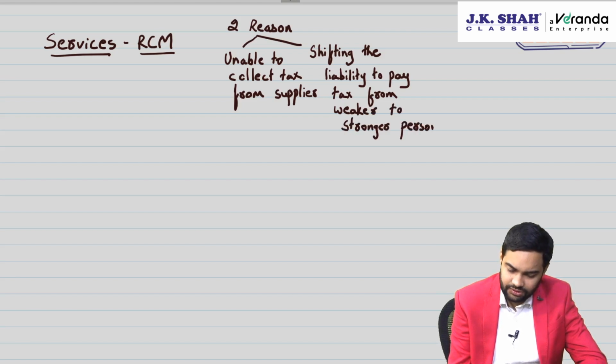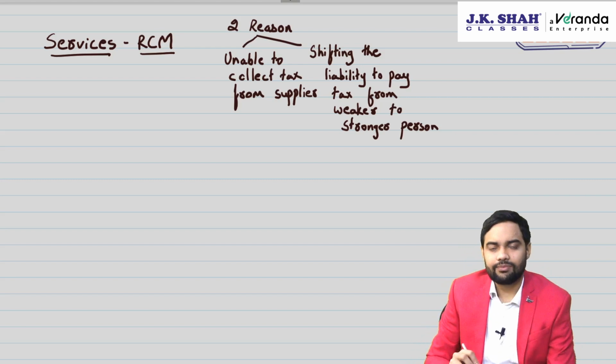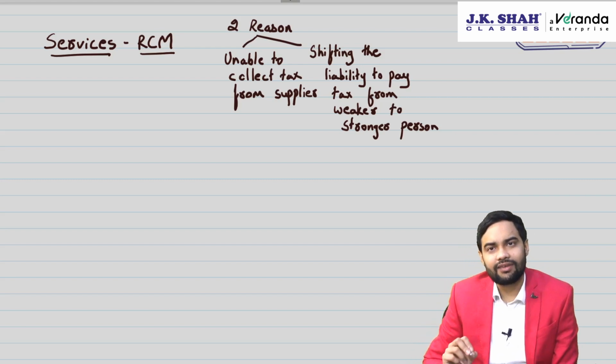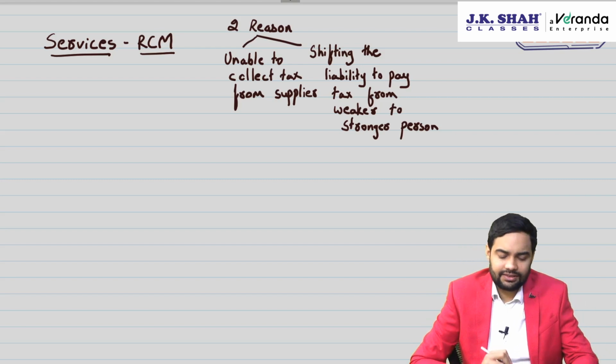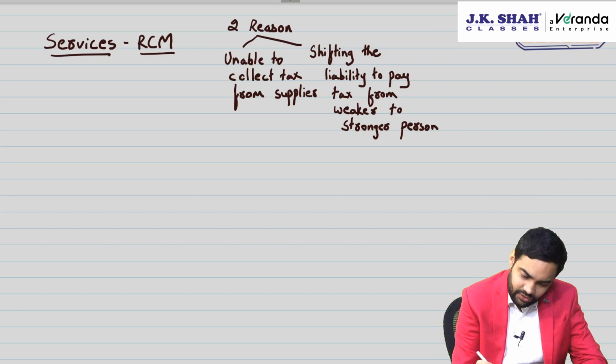So say suppose we talk about agriculturist vis-a-vis a registered person. Who is a stronger person to comply with the law? Sir, obviously registered person. Hence government shifts the liability under RCM. Now let's see the services which are there under RCM.